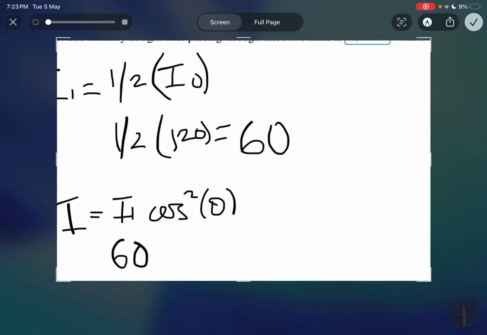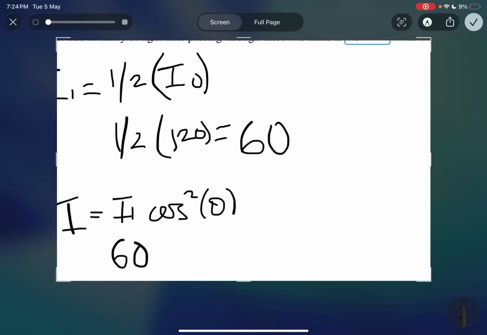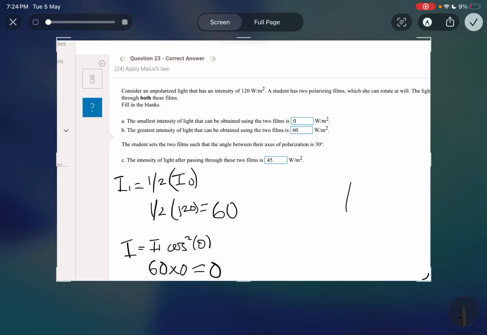No, wait, cosine of 90 squared is 180. Cosine of 180 is... 1 second. Cosine 90 is 0, so times 0 and it will become 0. That's why it's 0 here.